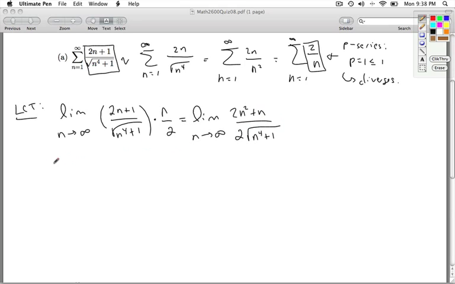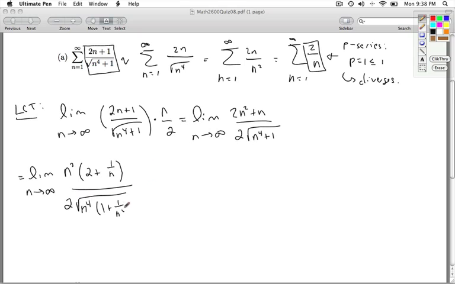So we take a trip back to Calc 1. How do we handle these kinds of animals? We'll factor out the highest power in the numerator, which is n squared. We're left with 2 plus 1 over n, divided by the highest power in the denominator. I'll take an n to the fourth out underneath the radical, but that n to the fourth comes out as an n squared.